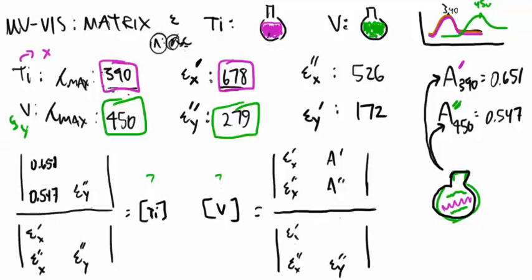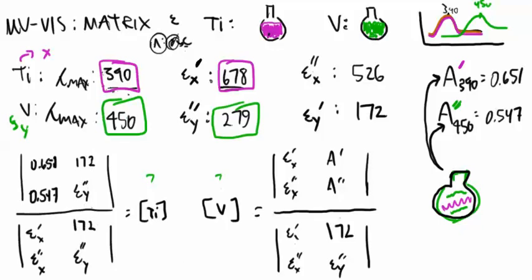So all of my E prime Y's, what number is that? Well, I've defined it up here at the top. Y represents vanadium, so I need to be looking at the vanadium data. E is the molar absorptivity, and prime means the one that was run at the 390 wavelength. So E prime Y is 172. 172 goes here, there, and there.